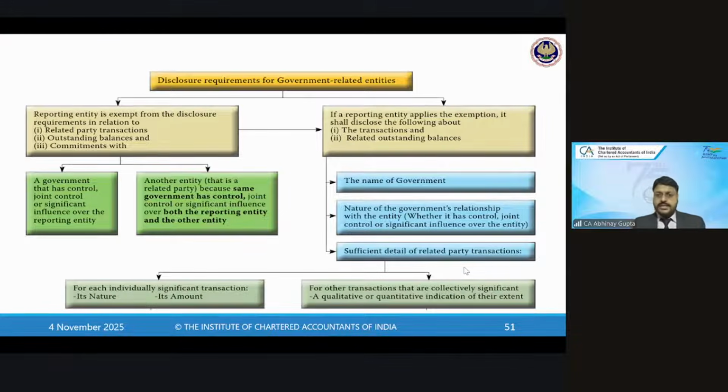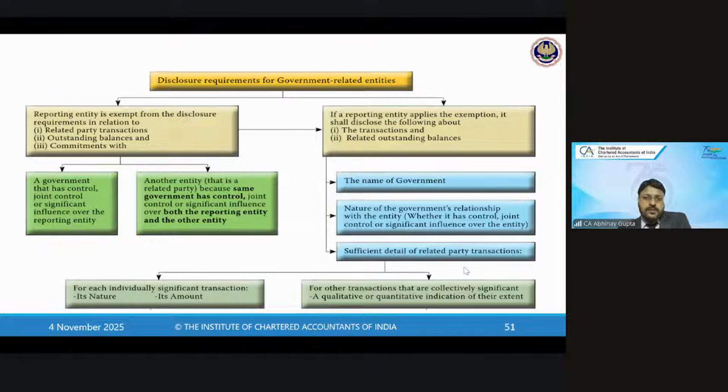The standard says on one side there are certain exemptions, but on the other side it is also demanding certain disclosures, and those disclosures are actually enough to make out what has happened. So I don't find much difference between this exemption and the demanded disclosures. Anyway, we need to read it out.